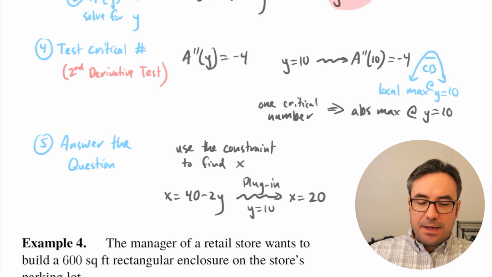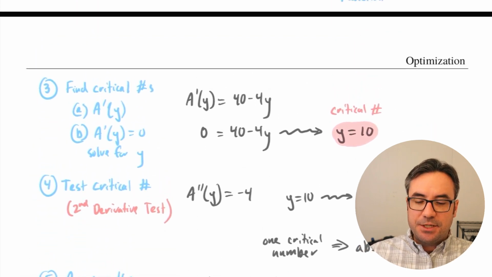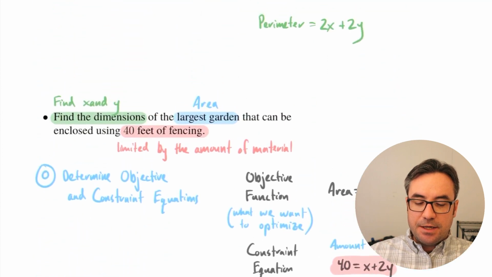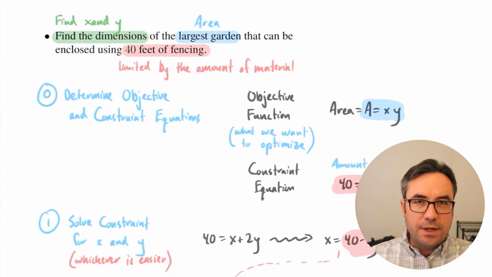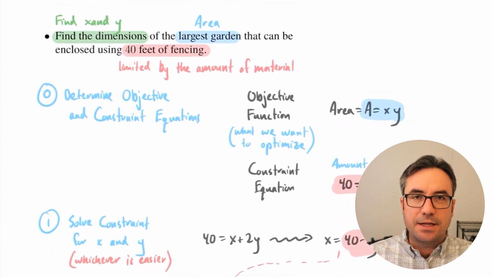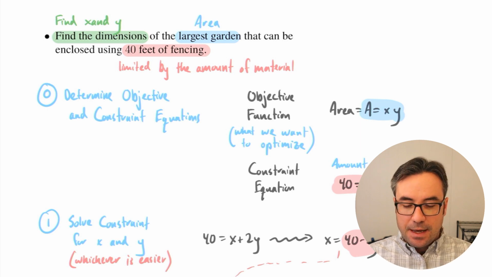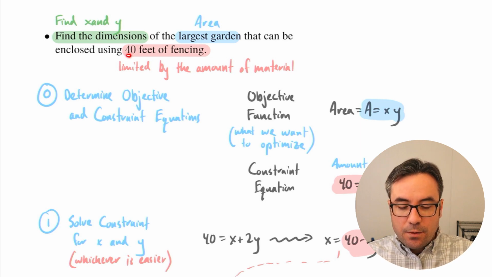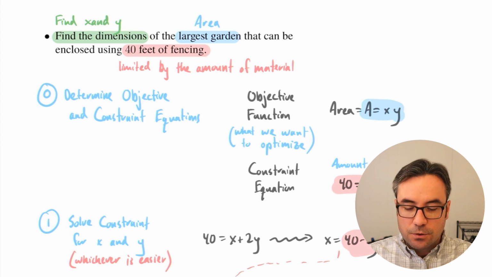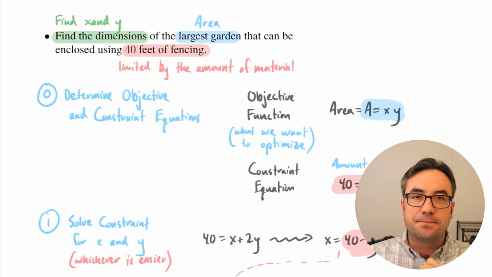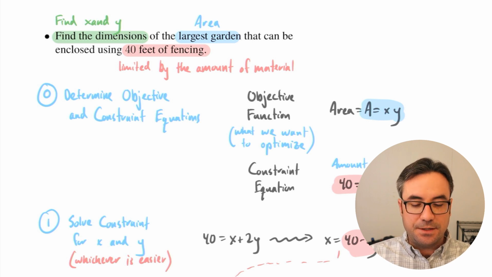And the only thing we want to be careful of with these applied optimization problems is are any units specified? So we want to make sure our answer has the units. And so in this case, the way we're measuring distance, we're told right here, is in feet. So the dimensions for x and y should also be in terms of feet.